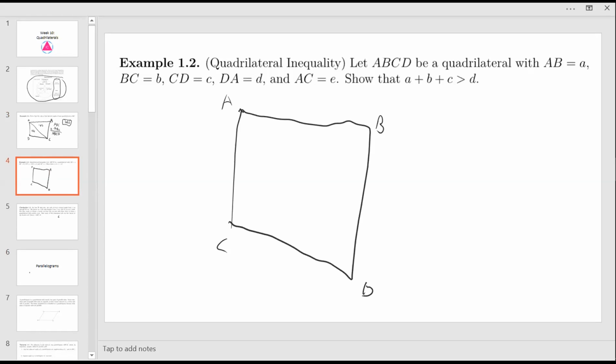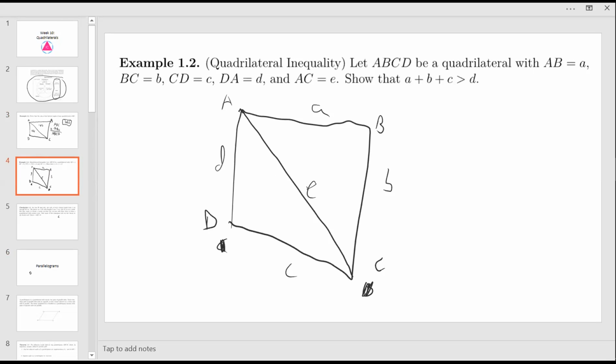Oops, actually, this is C, and this is D. So this is just the diagonal, and we'll call it E, and then we'll call this A, B, C, and D.